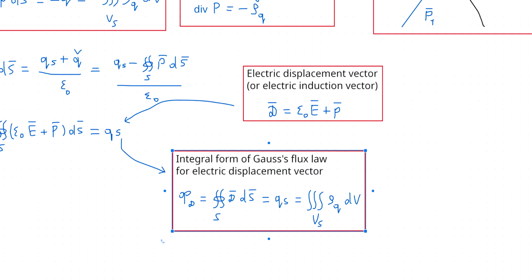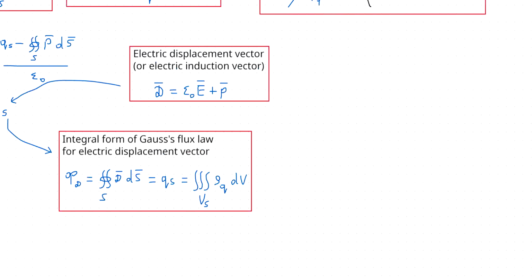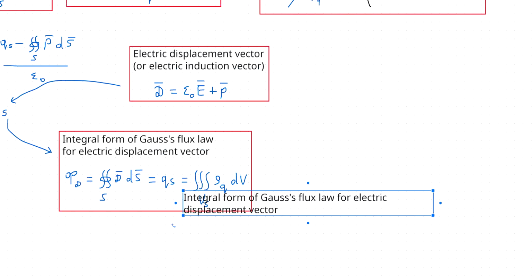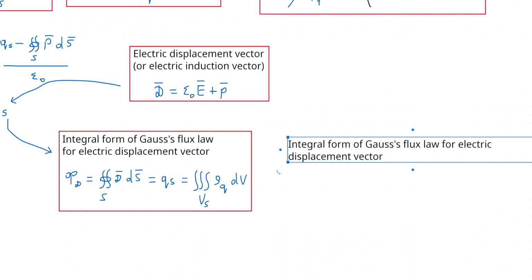And the differential form may be obtained from the integral form by using the Gauss-Ostrogradski theorem.